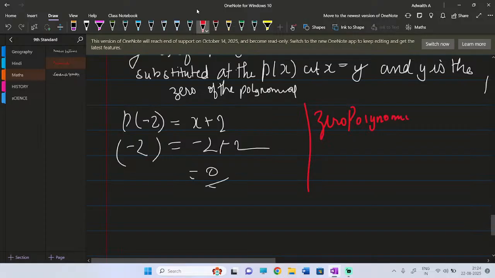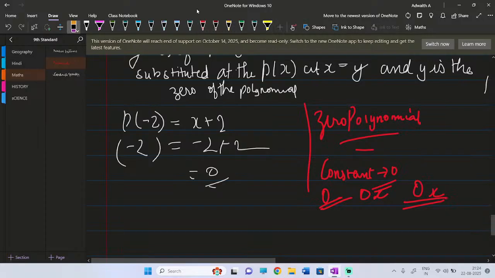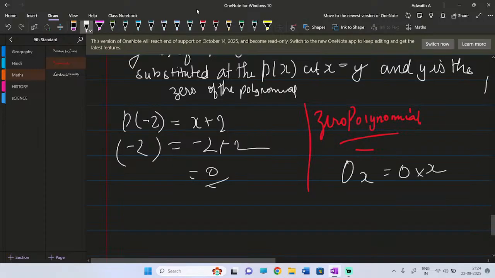When we study, the zero polynomial means the constant 0. 0 is a polynomial. It has a variable with it, 0x.